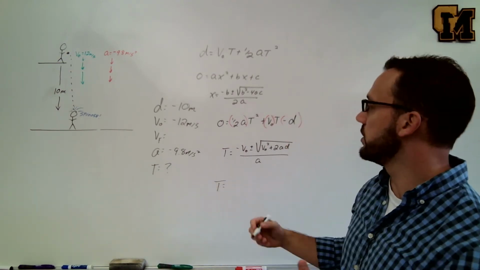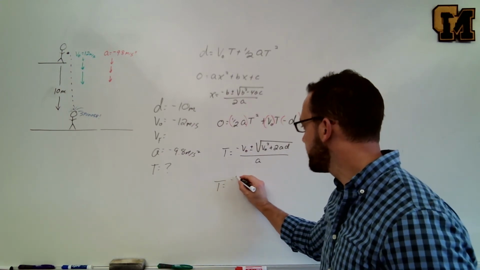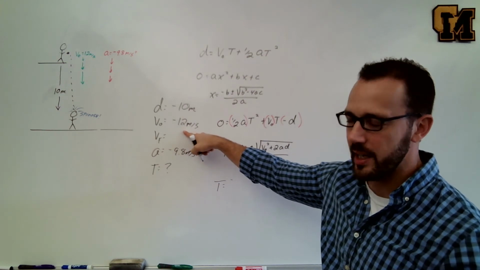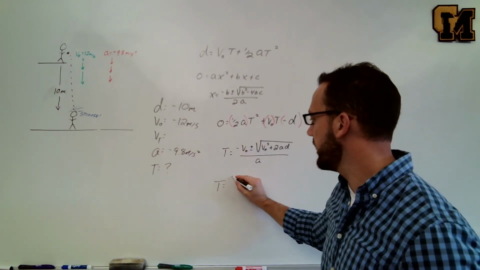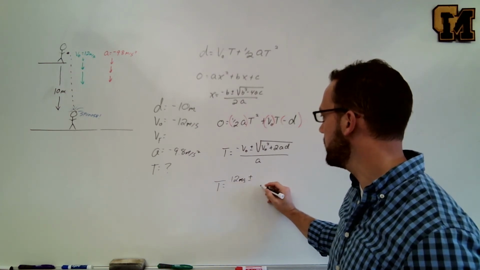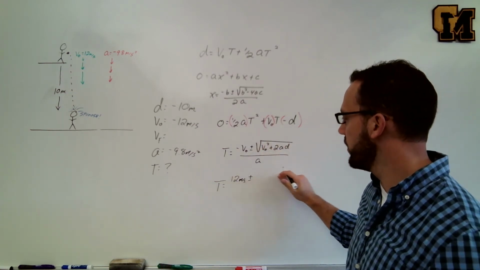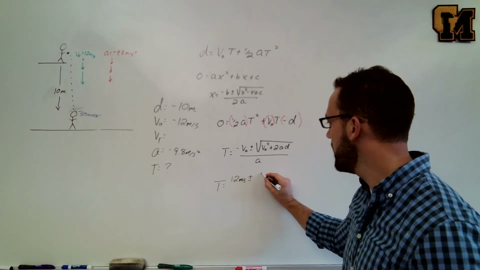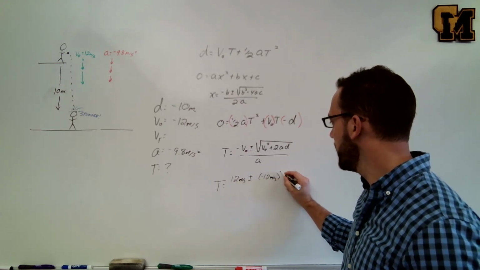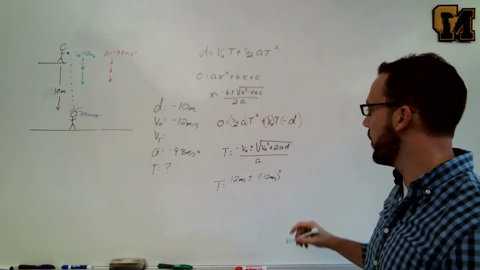So t equals negative v naught. Well, v naught is already a negative 12, so a negative of a negative is just a positive, so I can just put 12 meters per second plus or minus. I'm going to hold off on the square root just so I know how long everything is here. It's going to be a negative 12 meters per second, and that's going to get squared. That's my v naught squared there.